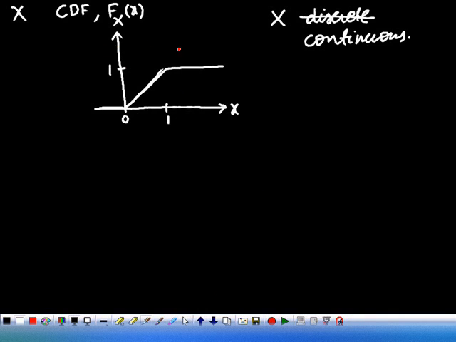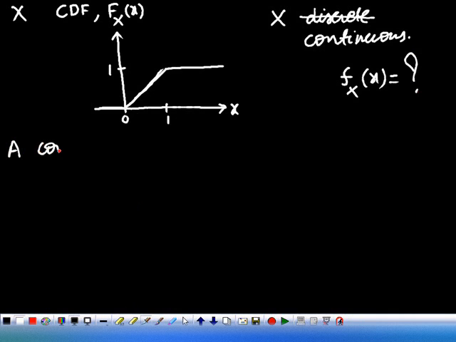Therefore, this is an example of a continuous random variable. You have to find this. First find fX(x) and plot it. Can you do this? Try it.